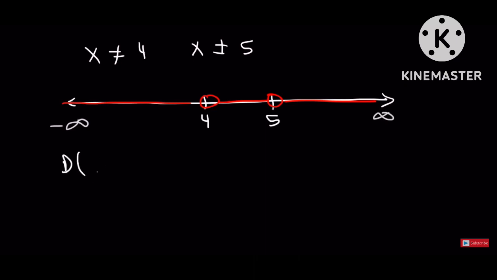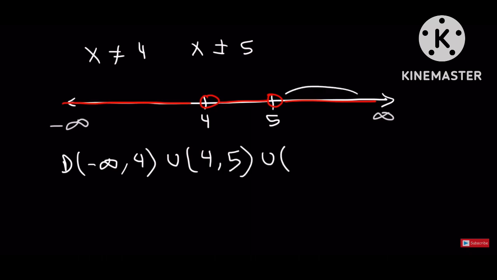So now let's write the domain. From this section, it's from negative infinity to 4, but it doesn't include 4. And then union, we have the second section, which goes from 4 to 5. And then union, the last section, which is 5 to infinity. So x could be anything except 4 and 5.